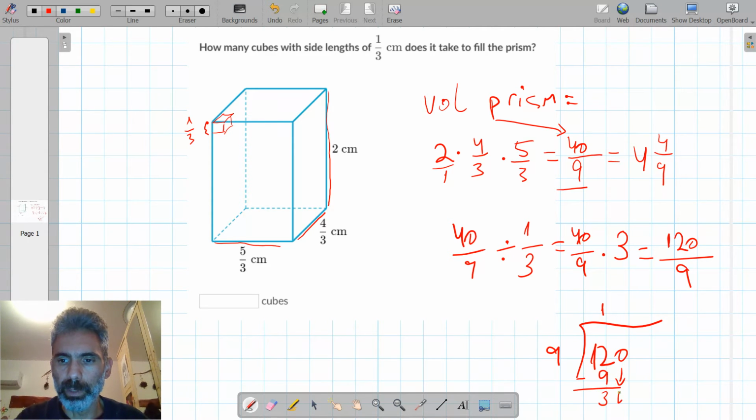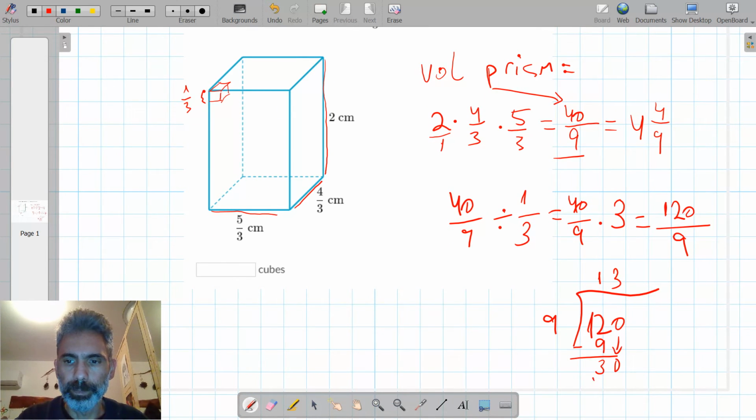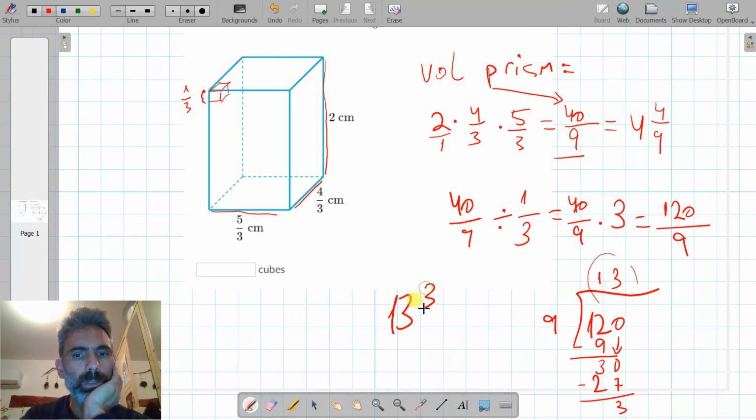We bring down 0. 9 goes into 30 3 times. 9 times 3 is 27. We have a remainder of 3. So 13 and 3 over 9, which is the same as 13 and 1/3 cubes, I guess.